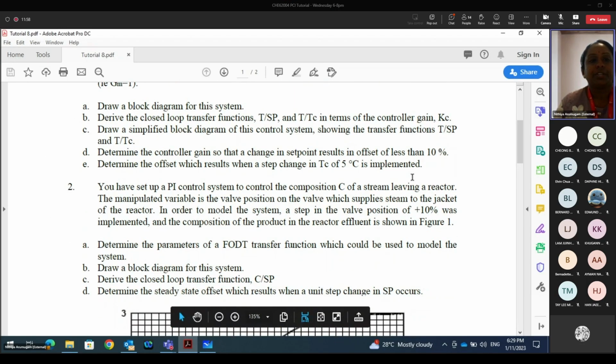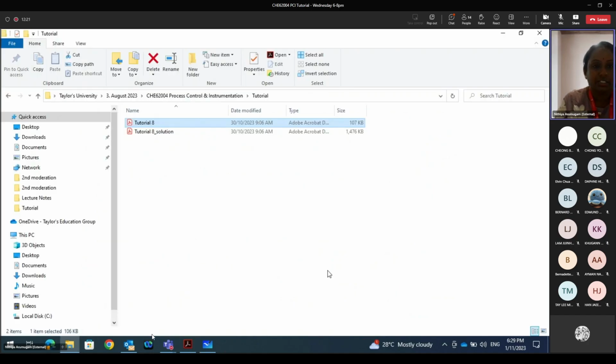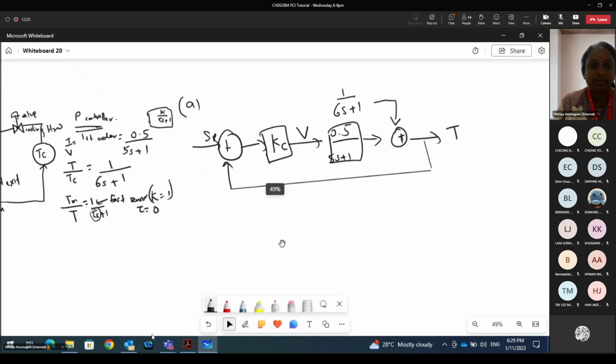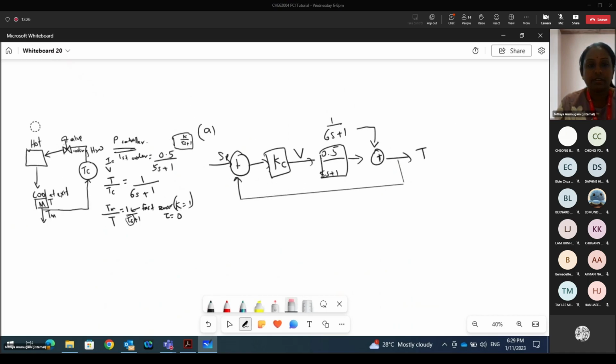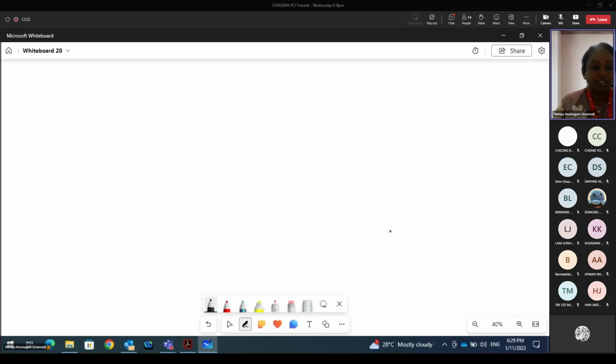Now, second part of the question, derive the closed loop transfer functions T over TSP and T over TC in terms of the controller gain Kc. So for us to do that, first they're asking us to calculate the T over TSP, right?